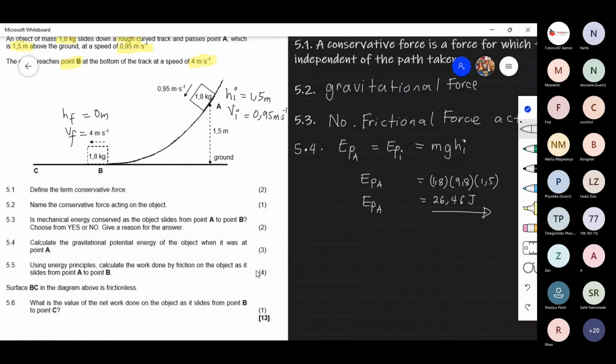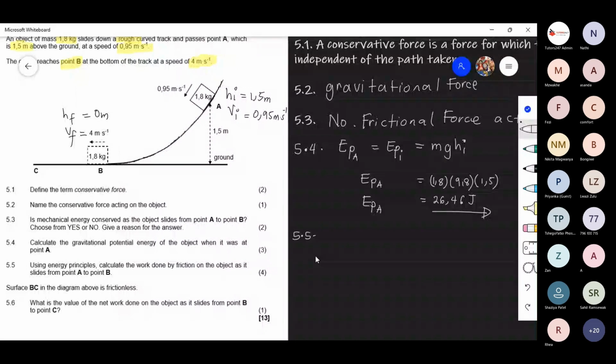So our next question, question 5.5. Using energy principles, calculate the work done by friction on the object as it slides from point A to point B. If you notice, the paper that we did previously, 2018, and this 2019 paper are almost identical.